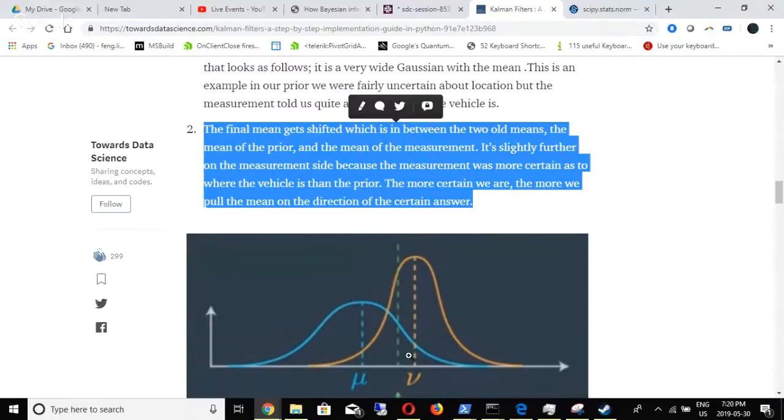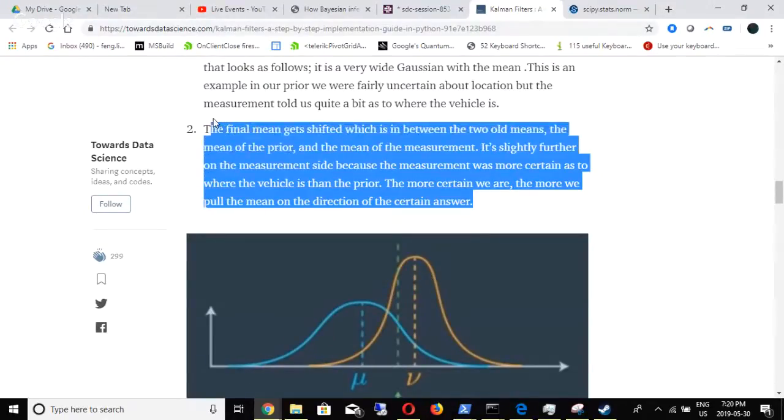Whenever you execute an action, you are not quite sure the action executed correctly, for example if the robot or your car overshot the supposed movement. That's why it became flat like this. And when you take a measurement, it is more certain, like this.